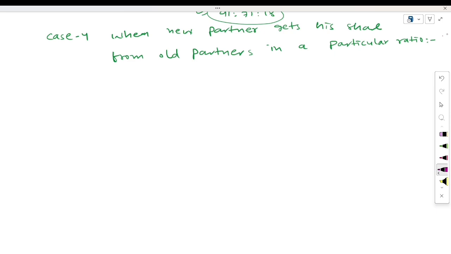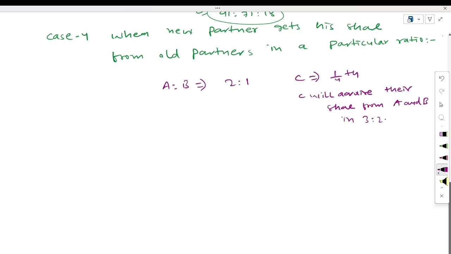Just for example, suppose A and B are partners having their profit sharing ratio 2 ratio 1, and C will acquire their share from A and B in 3 ratio 2. Here a specific ratio is mentioned. In the previous case, a specific ratio was not mentioned, it was only equal ratio. We will do it as in the previous case.